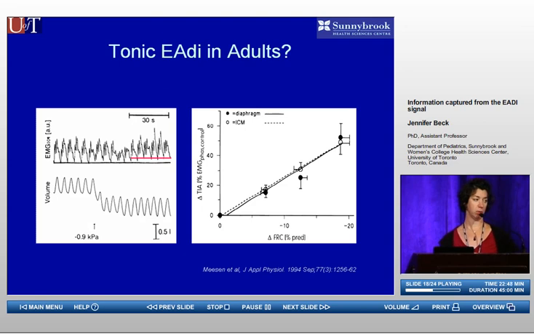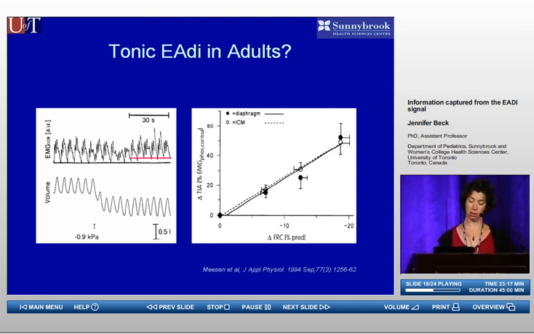Now, babies and rabbits are very vagal, and these are vagally mediated reflexes. So we were wondering, does tonic activity occur in adults who are believed to have less strong vagal reflexes? And this is a graph I took from a study by Meeson, where in healthy subjects, they measured the diaphragm activity and the electrical activity of the intercostal muscles. And what they did was they applied negative pressure at the airway.